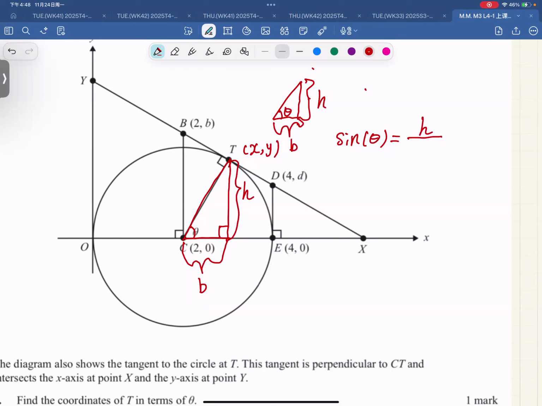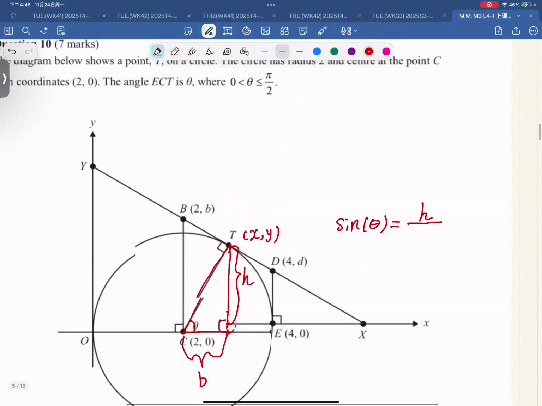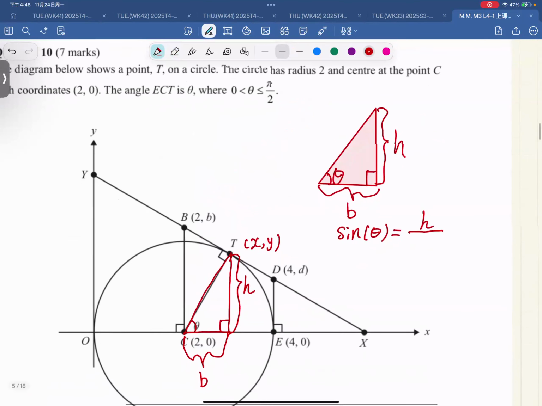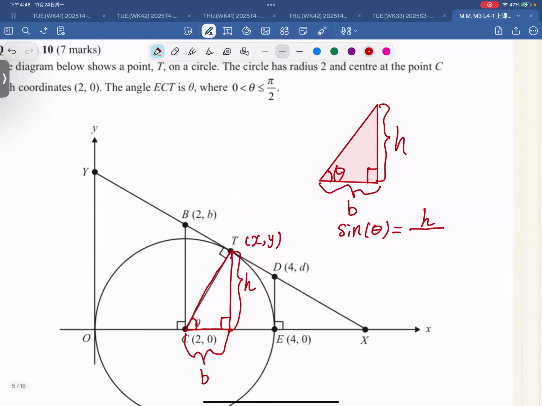Which side is the hypotenuse? Is b the hypotenuse?